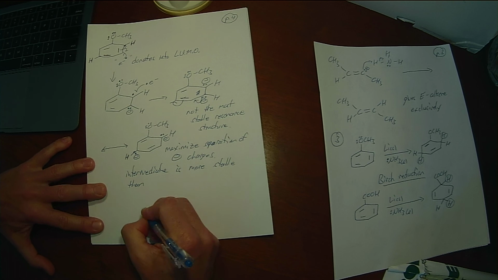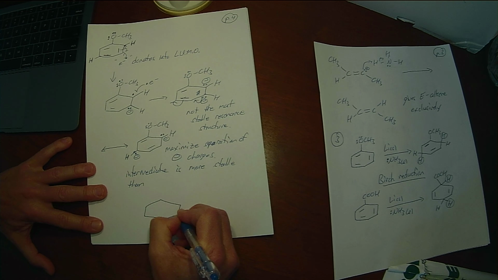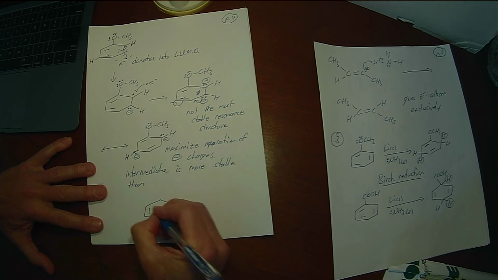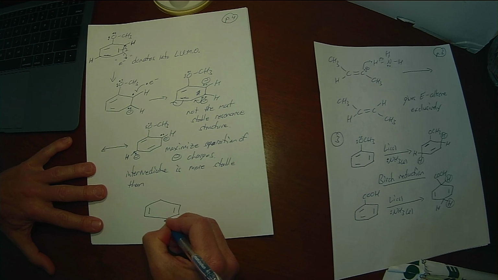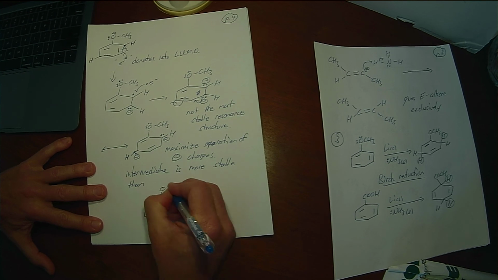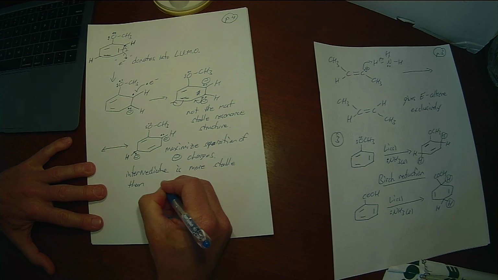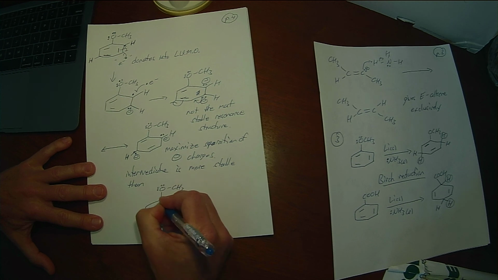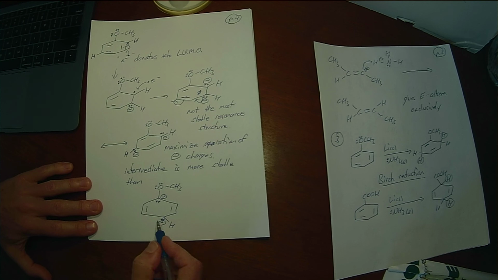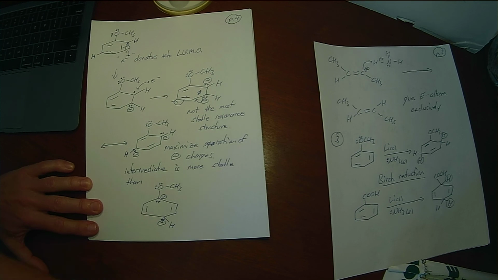The other possible intermediate that could have resulted if I'd added the electron to the other end of the double bond in the first step is this one. And that's less stable. Why is this less stable than that one?